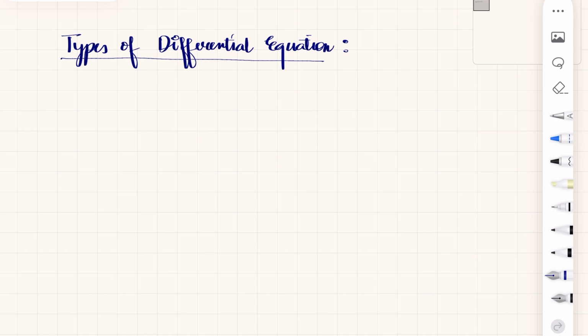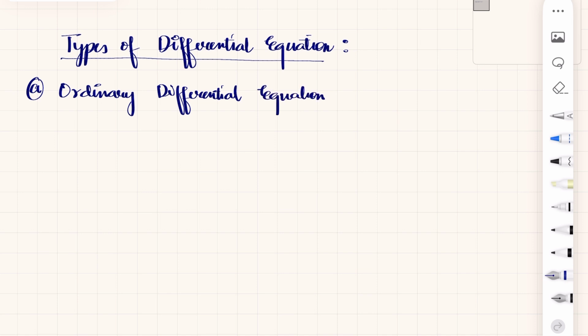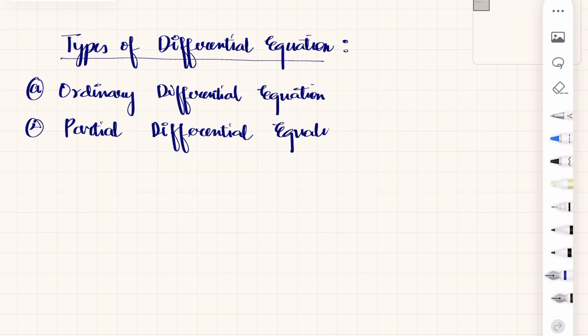One is called ordinary differential equations, and another is called partial differential equations. Here we have two kinds of differential equations. Let's see the first one.